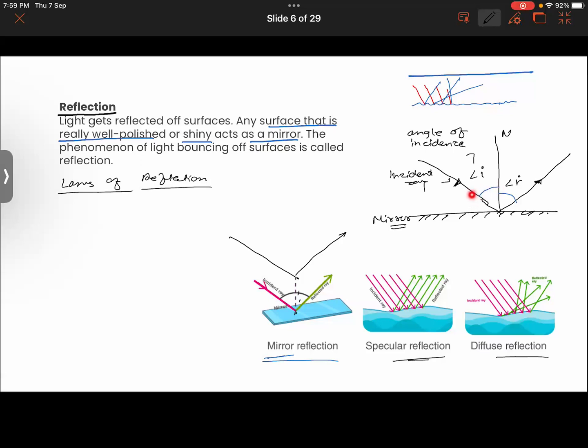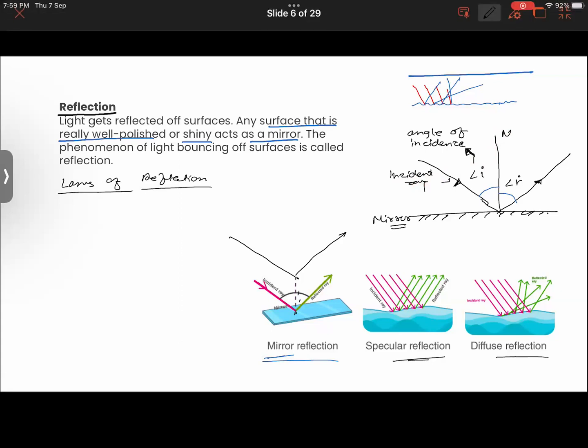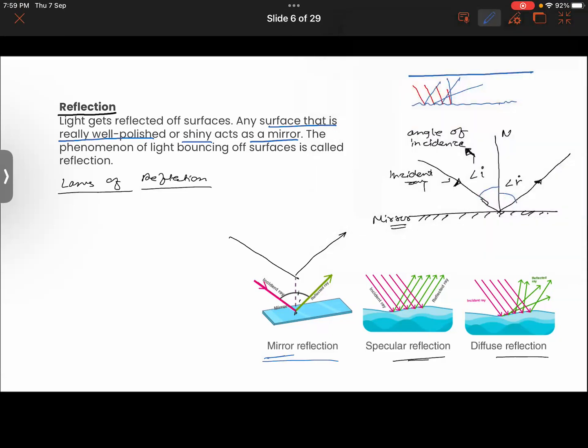Many times the students get confused and say that this is the normal, this is the angle of incidence. So always remember that the angle of incidence is formed between the normal and the incident ray, all right. Okay. Do tell me, where will the angle of reflection be formed? Between the normal and the reflected ray.